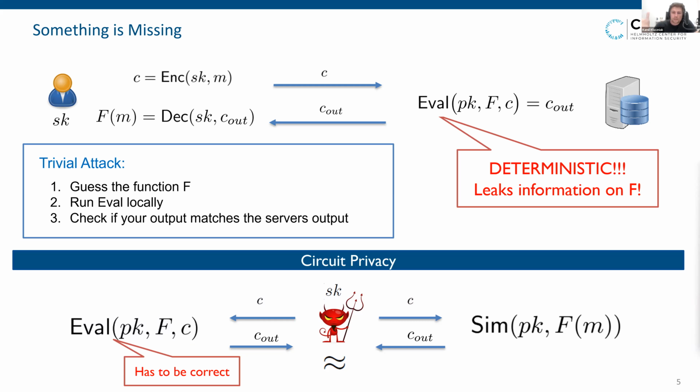In particular, the simulator has no additional knowledge on the function F. Now, if the adversary cannot distinguish between these two worlds, then we say that the FHE scheme is circuit private. In other words, the output ciphertext Cout doesn't leak any information on the function F.